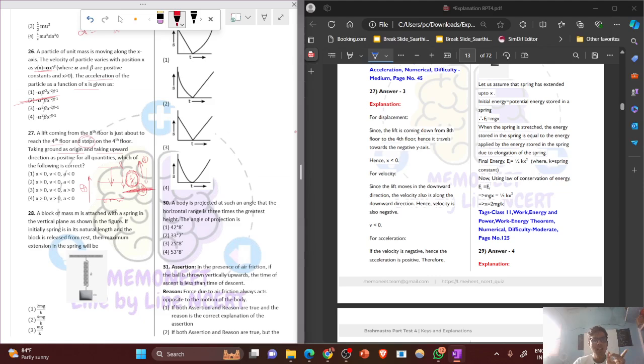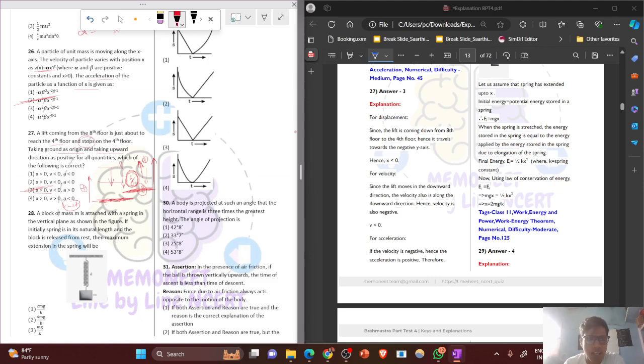If there is no force, then it won't stop. And if it is stopping, there should be an upward force. So the net acceleration is always in the upward direction. So net acceleration is positive, net velocity is negative, and net displacement is positive if the origin is this. The correct option will be, I think, option three. Displacement is positive, velocity is negative, and a is representing net acceleration. Remember this, it's not g, it's net.